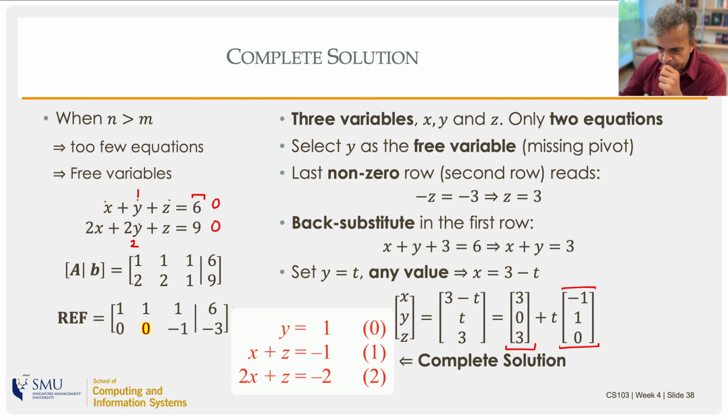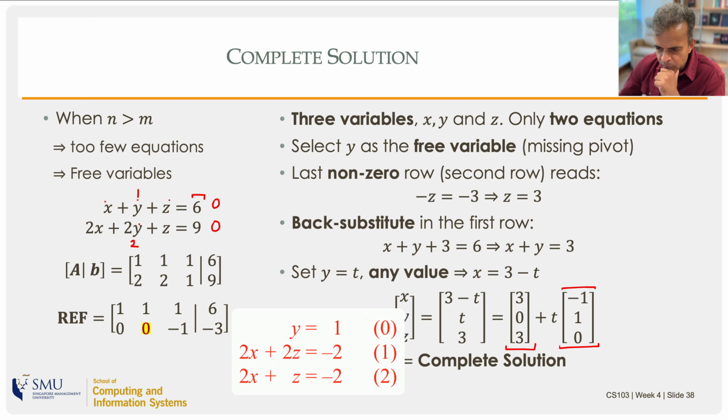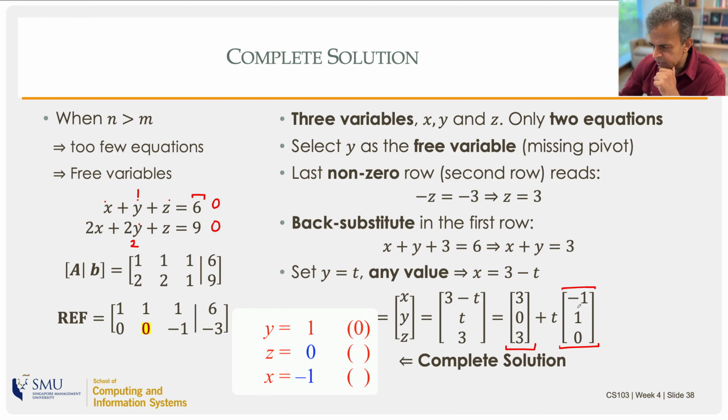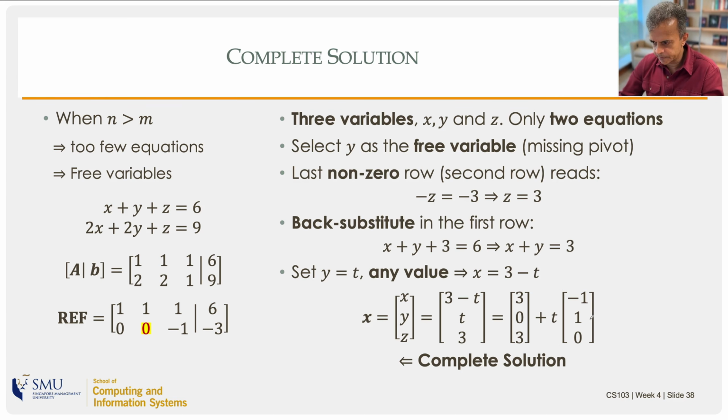Let's solve the other two. Just multiply the second one by 2 and subtract it from the first one. So z turns out to be 0. Put z to be 0, x is minus 1. X is minus 1, z equal to 0, and y was set to 1 because we are allowed to. And that thing is called the special solution.